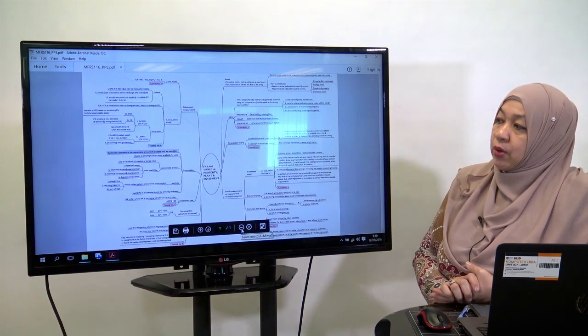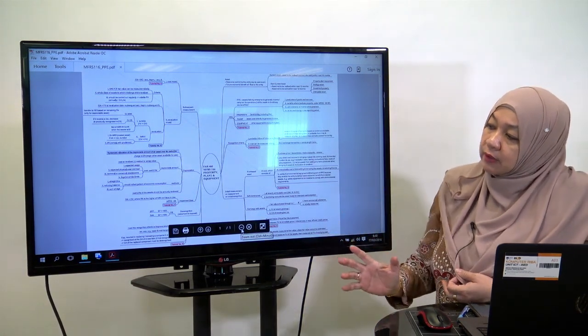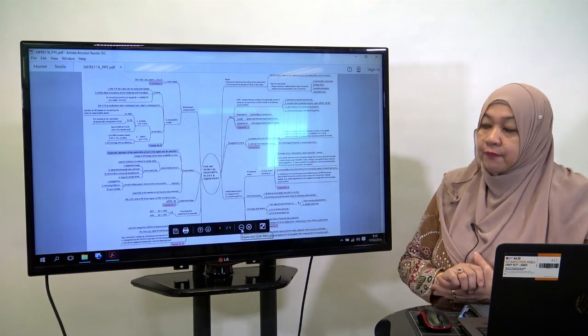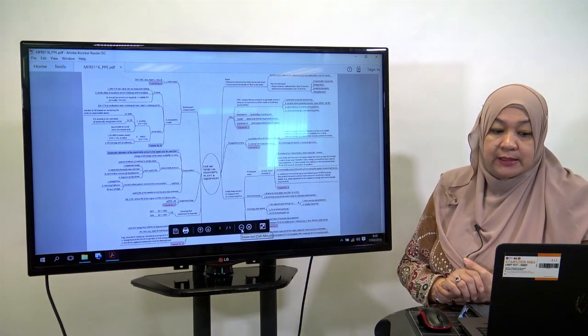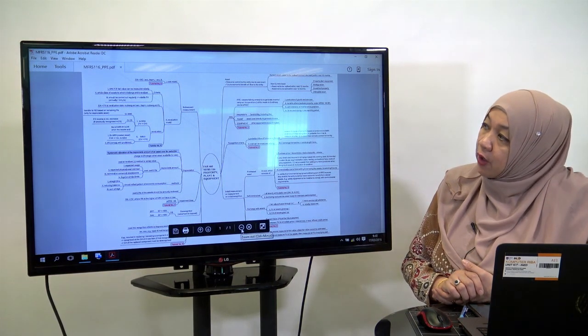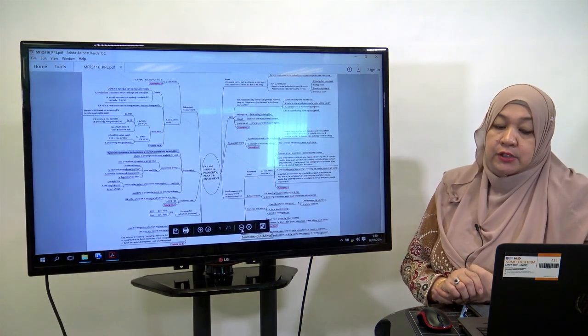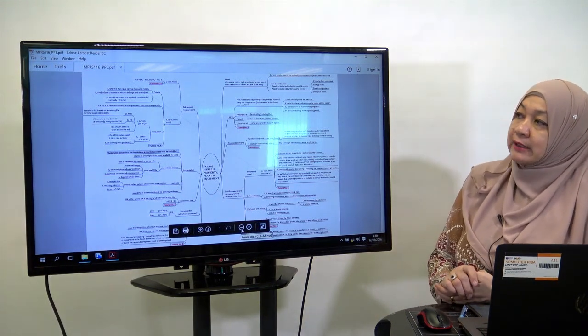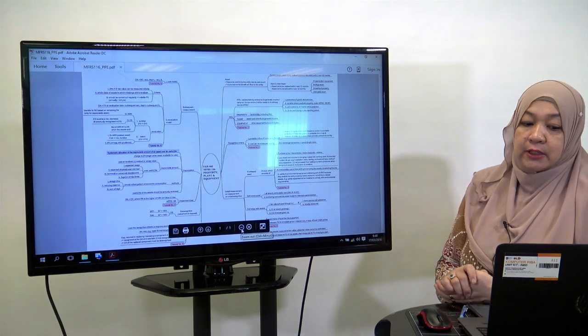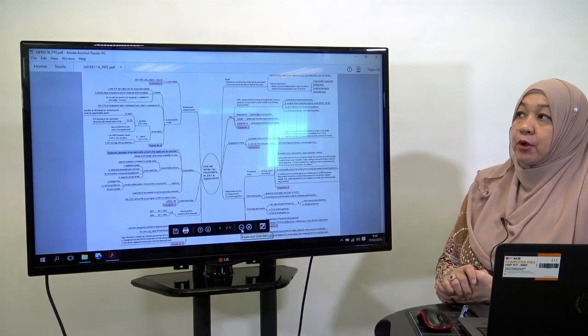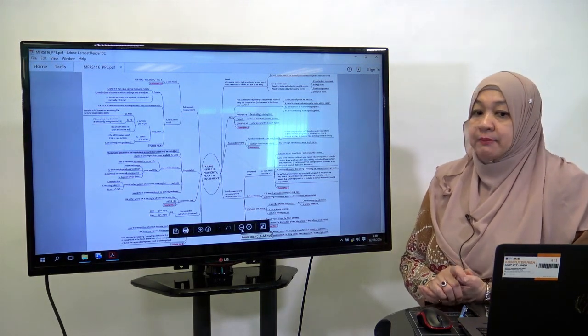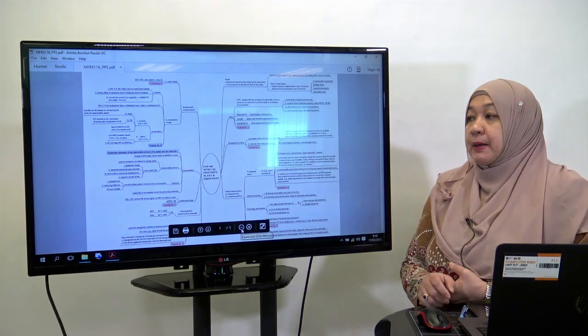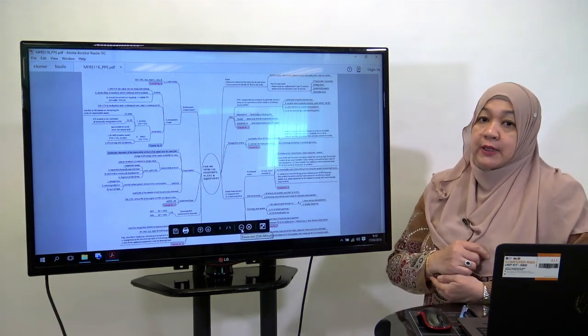we have learned the overall part and the concept of MFRS 116 which is on PPE, right? So it is important for you to understand before we can embark on PPE. It is important for you to understand what it means by asset, because PPE is a part of asset.